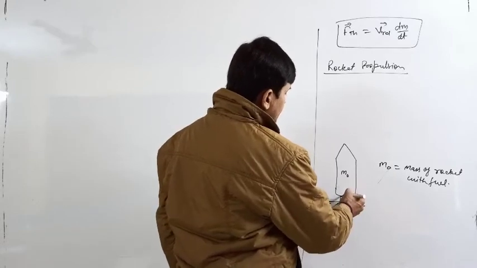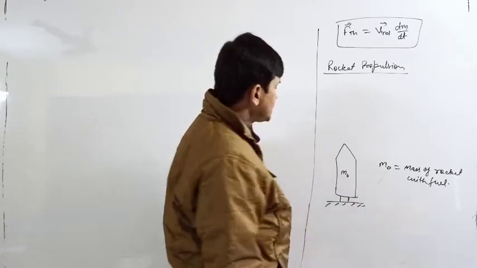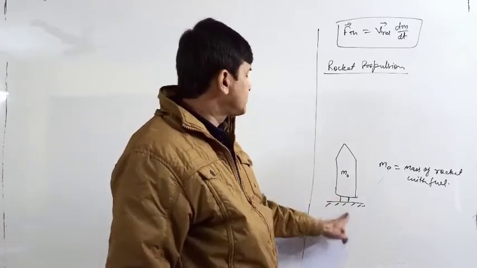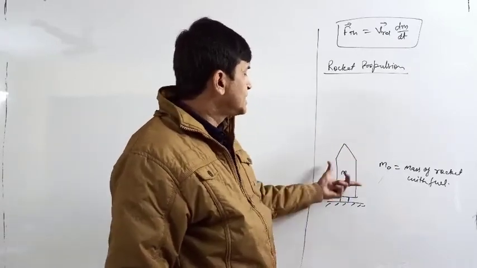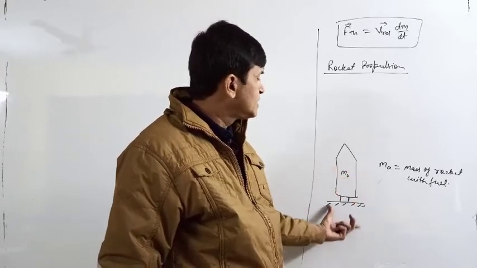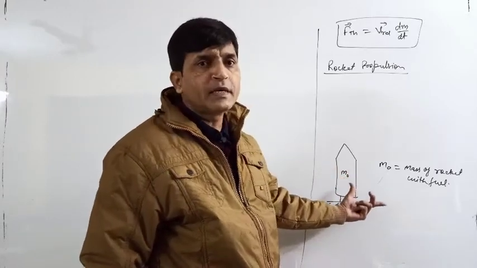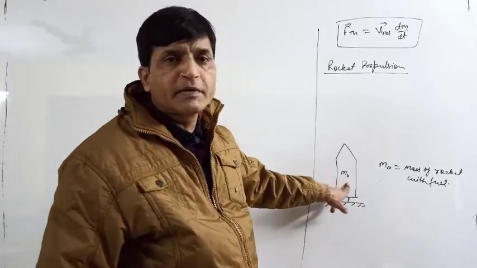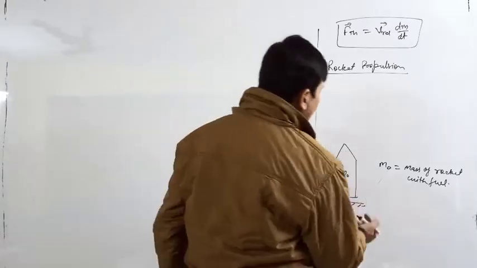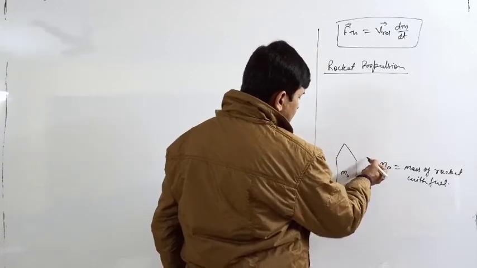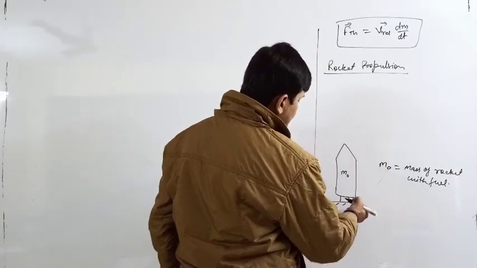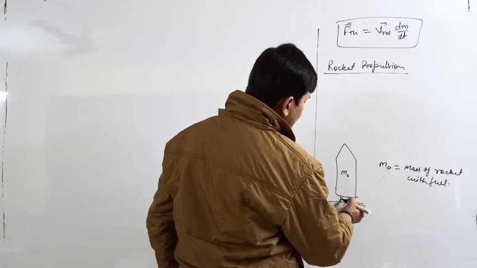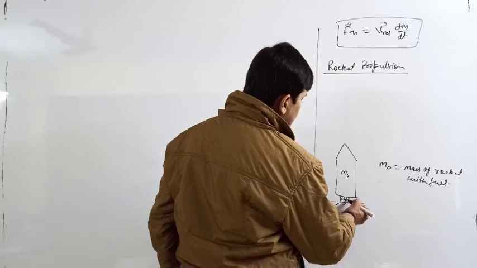If we are talking about the forces on this, one force is the gravitational force m naught g, another force is the normal force, and it is not moving, it is at rest. So the gravitational force will be balanced by the normal force. Now if we have to launch this, what is the procedure, as you have seen: some exhaust gases start coming out.